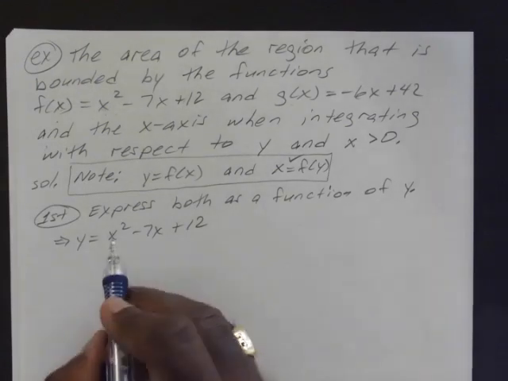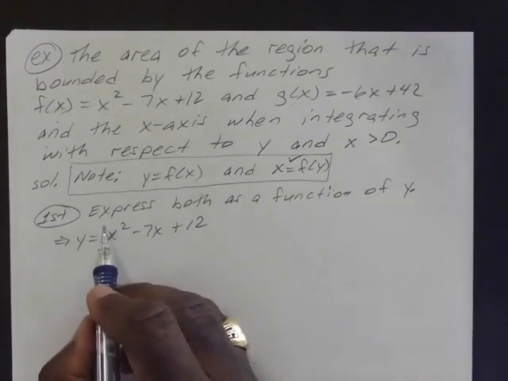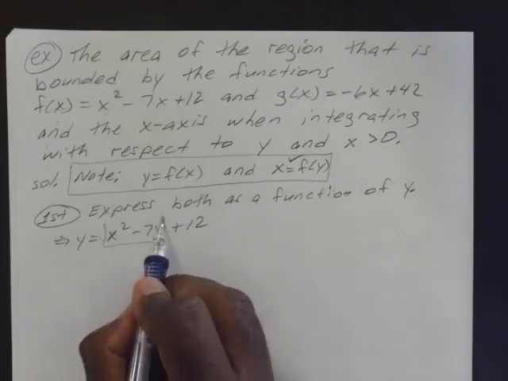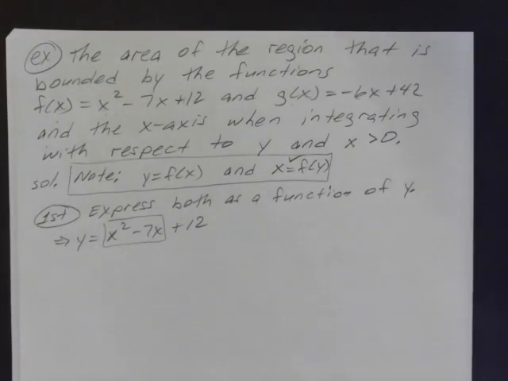Okay, which means we have to isolate and solve for those two terms. We have to be able to solve for x. So probably the most efficient way to do that would be to complete the square.